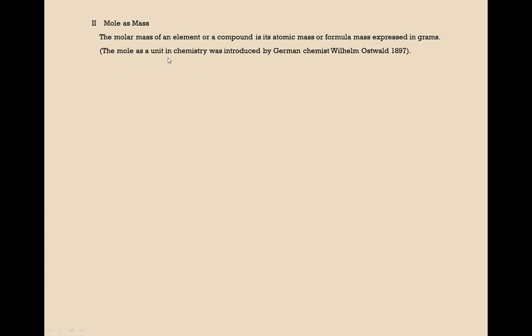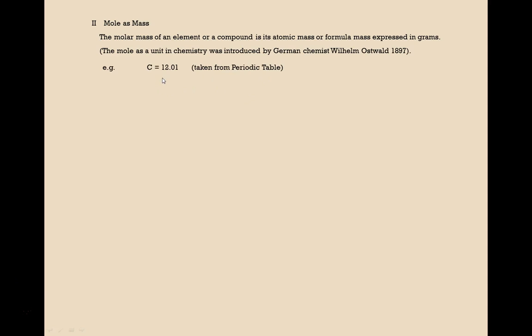The mole as a unit in chemistry was first introduced by a German chemist, Wilhelm Ostwald, in about 1897. He defined the mole as the molecular mass in grams, which is essentially the same today, except we use a more general term, molar mass, although molecular mass is also sometimes used.